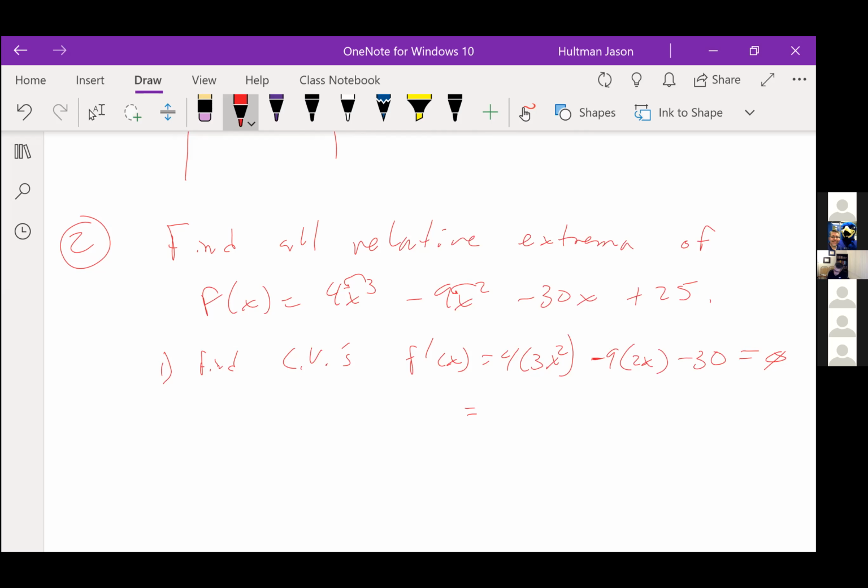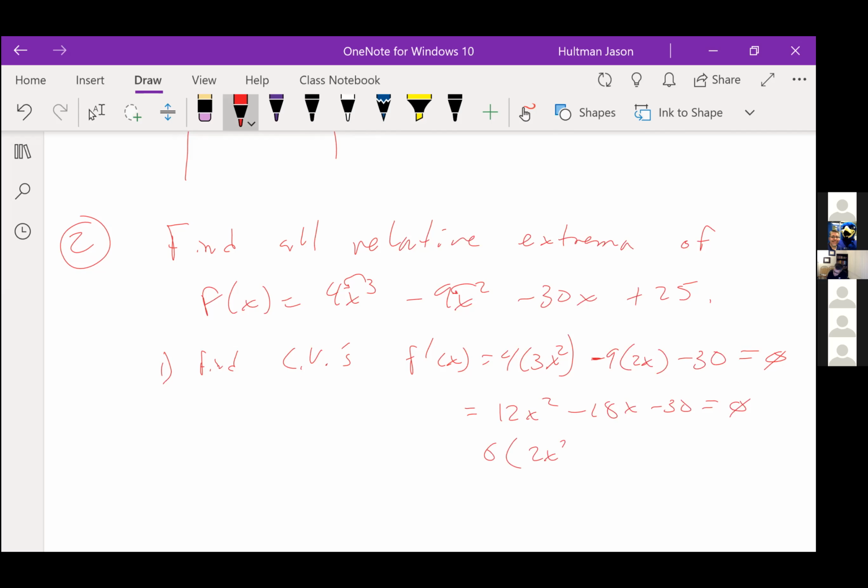So this equals 12x squared minus 18x minus 30 is equal to 0. Now that's a polynomial, and I want to solve it. I noticed that each of these terms is divisible by 6, so let's factor out a 6. My greatest common factor is 6.